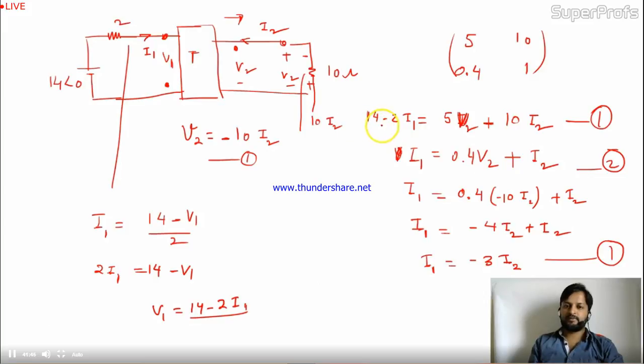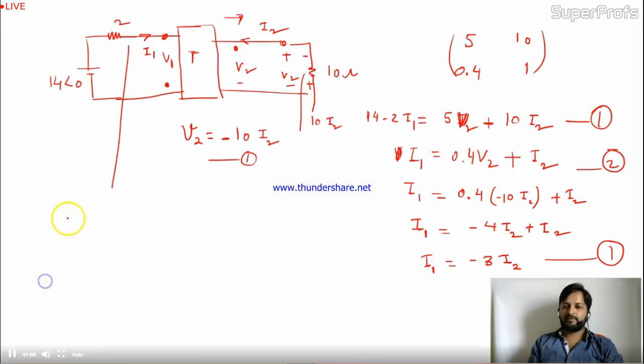So I'm going to solve this equation. The equation is 14 minus 2 I1 equal to 5 V2.